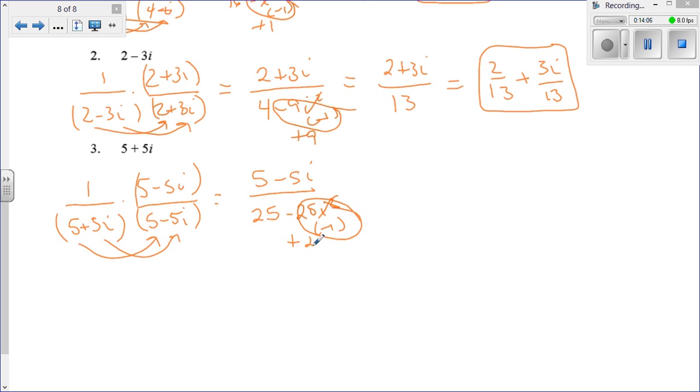This becomes plus 25. So it's 5 minus 5i over 50. They all have a 5 in common, so we need to reduce that. So it becomes 1 minus i over 10, which is 1/10 minus i over 10.